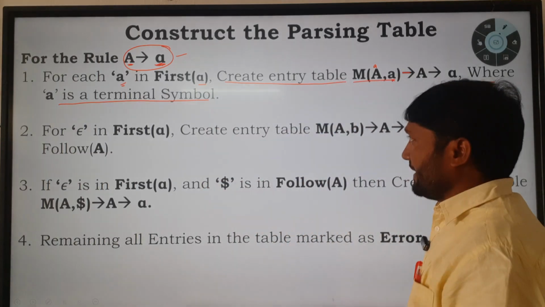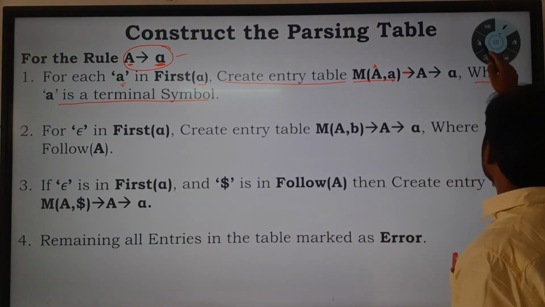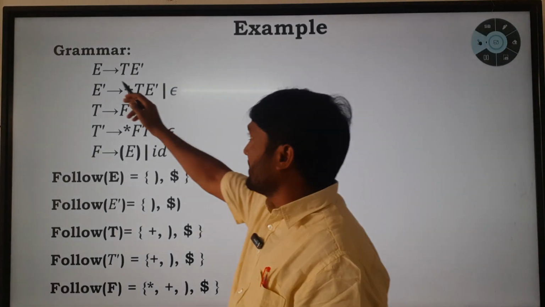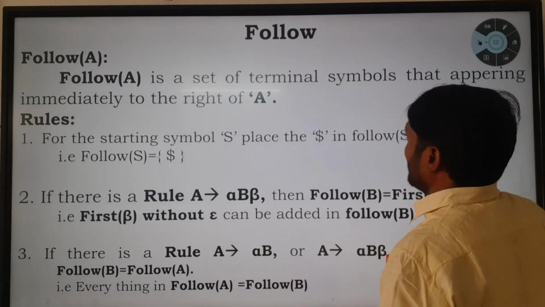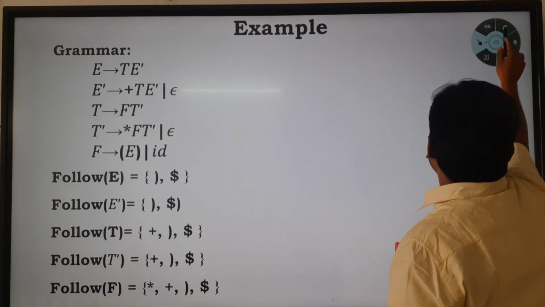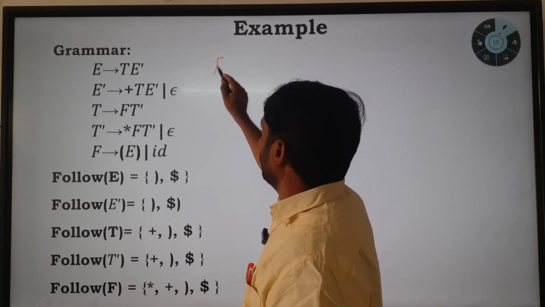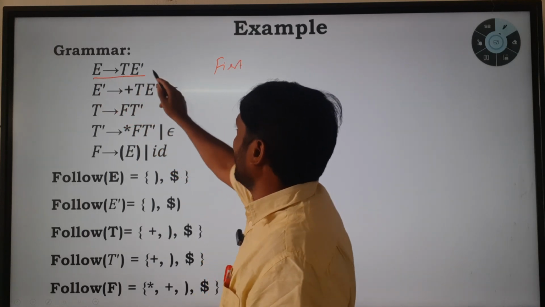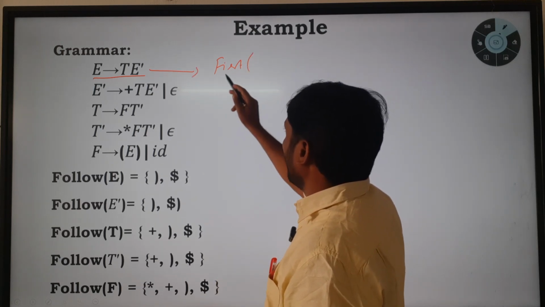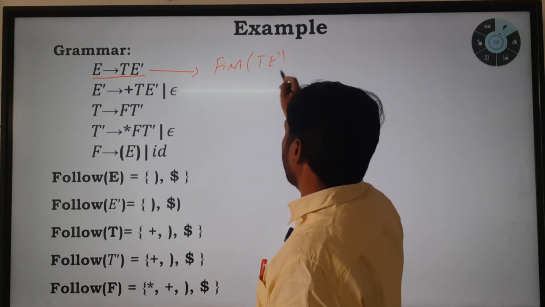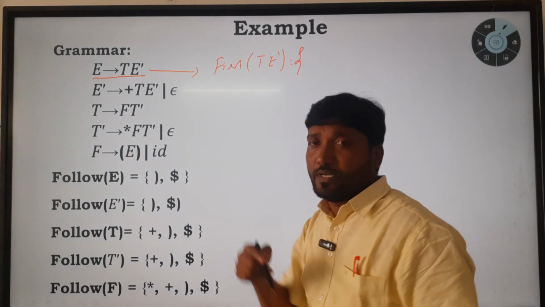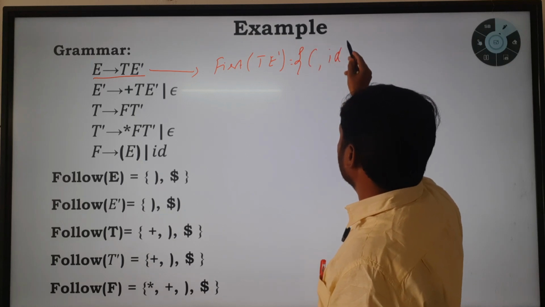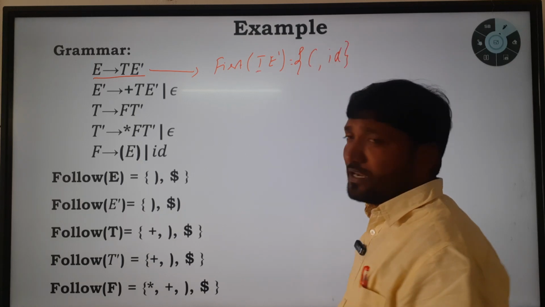Now we are going to explain that with a simple example. So this is the given production here. According to the first rule, for the production E derives T E dash, we are going to calculate first of T E dash. Already we know that first of T is open bracket and ID.